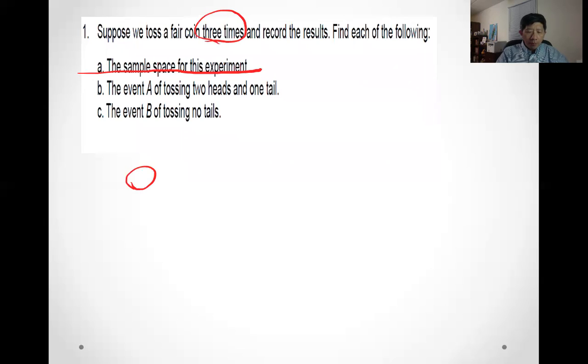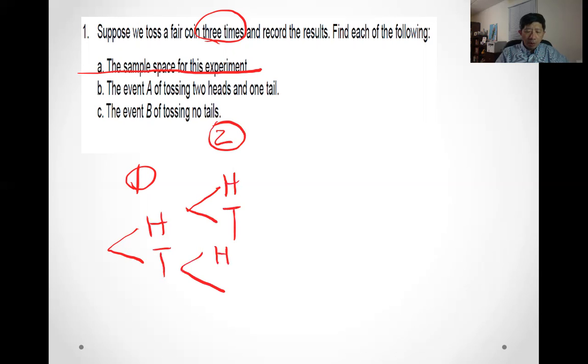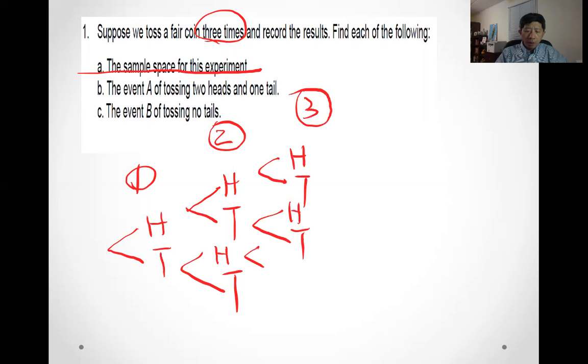So the first time, you might get head or tail, right? And then the second time when you toss, you might get head or tail. And then the third time you toss, you might get head or tail, right?